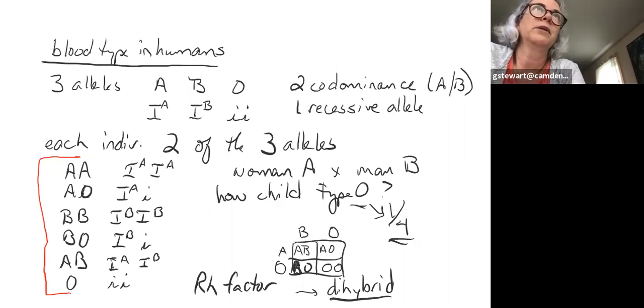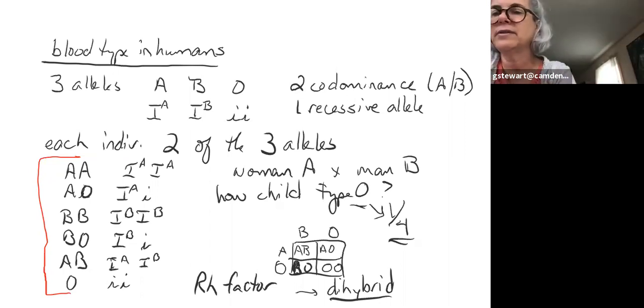Or a woman who is blood type A mates with a man that's also blood type A, and they have a blood type O child. How does this happen? Or a person who is blood type O mates with someone who's blood type B, can they possibly have an AB child? All of those are the questions.